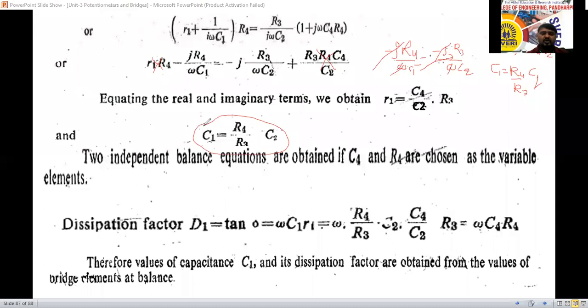So we have identified the formula for the unknown capacitance. This is the unknown value of capacitance measured. From this equation you can calculate C1 as unknown, or you can consider C2 as unknown.